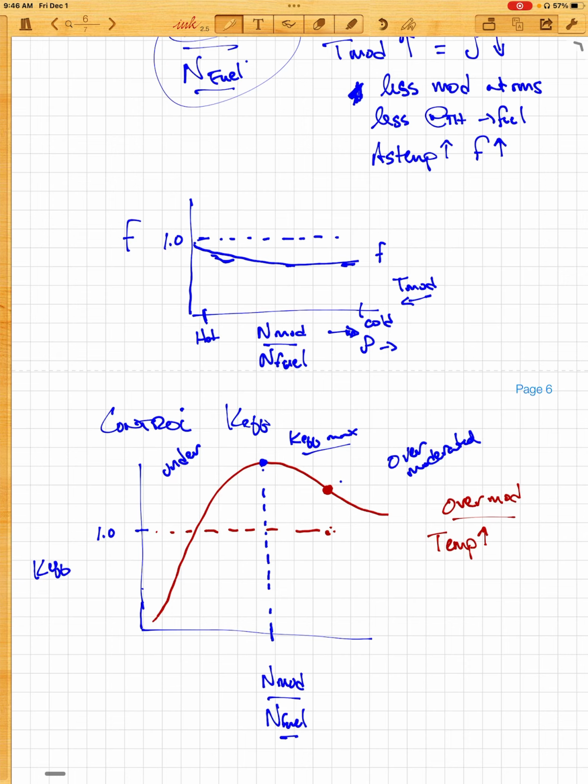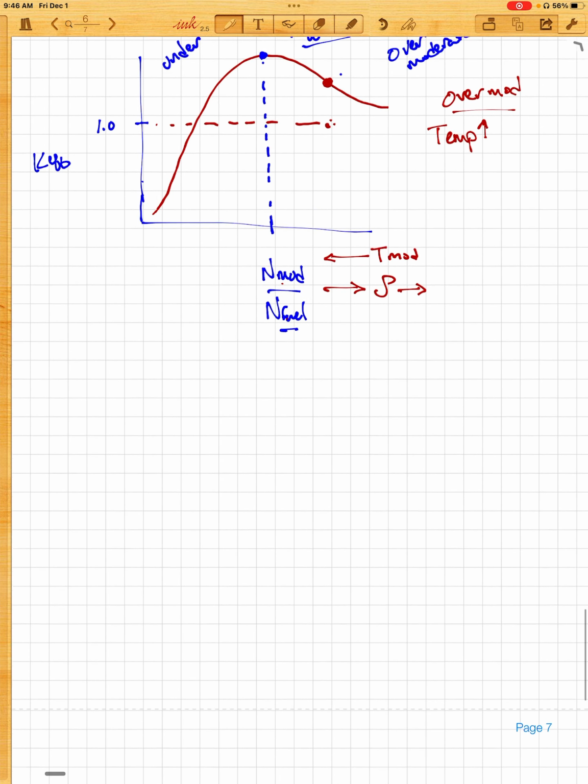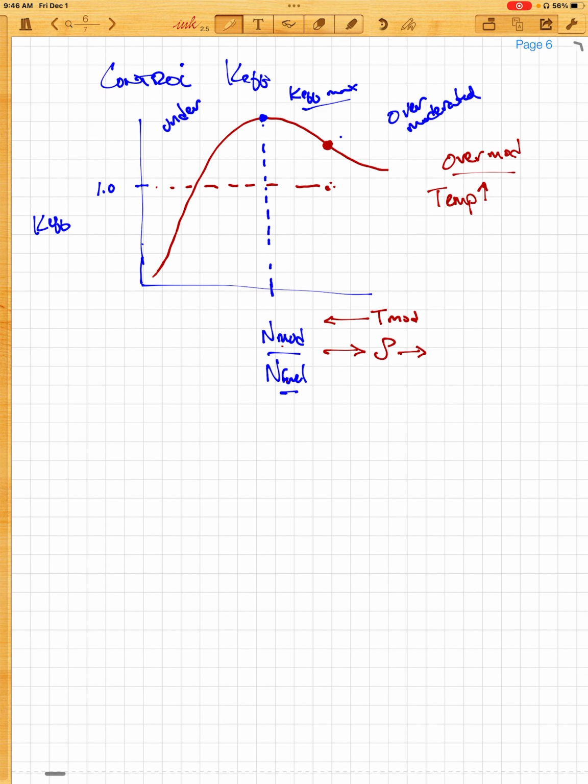So again, remember, moderator fuel ratio is going to get bigger this way. Density is going to get bigger this way, but temperature of the moderator is going to get bigger this way. So if we raise moderator temperature, we're going to go to here. Right?